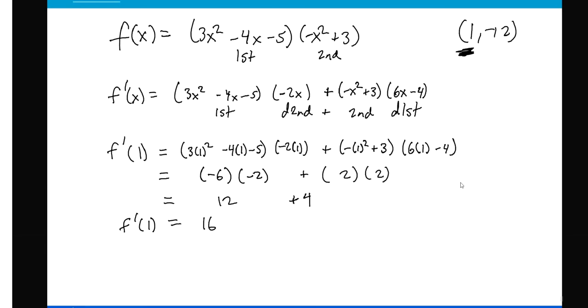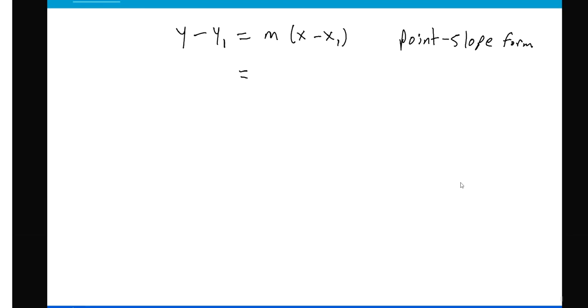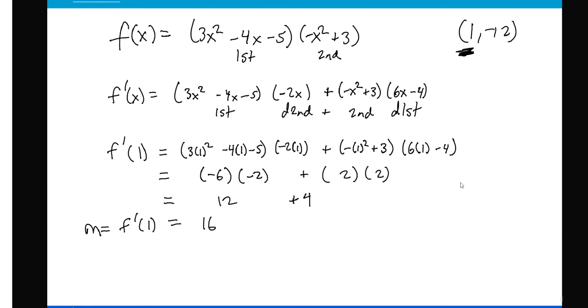So this is what we're going to call m. There's a formula in algebra that says y minus y sub 1 equals m times x minus x sub 1. That's called point-slope form of a line. M is the slope, that's what we just got from that derivative.